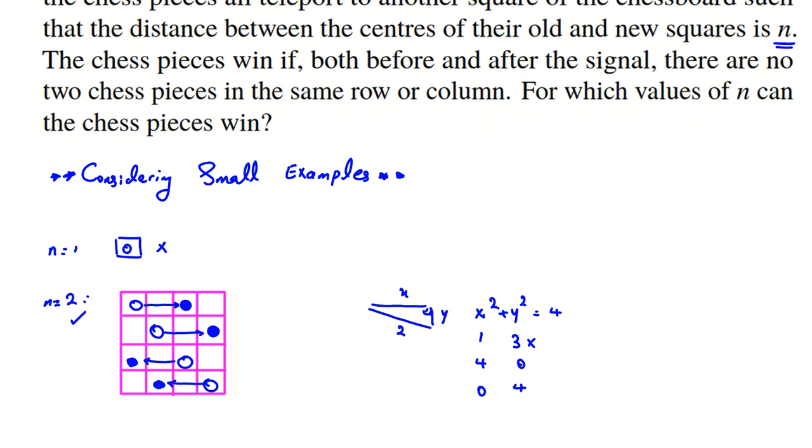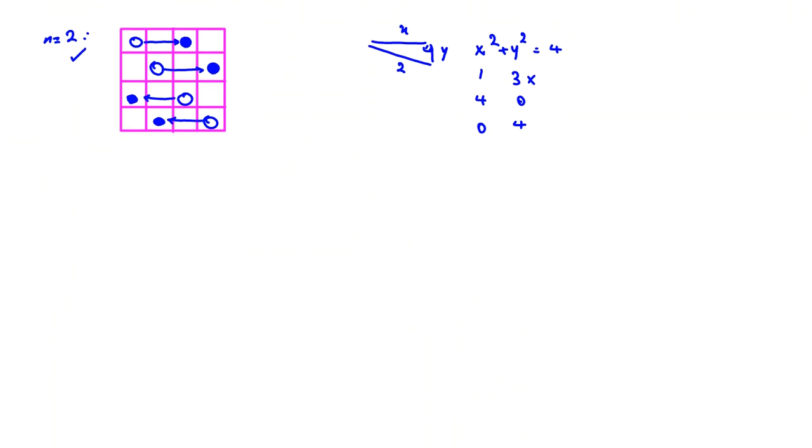Now I guess that n equal to 2 is possible like this, and even numbers are possible. So let's first check, for example, n equal to 4, and after that we want to generalize it. For n equal to 4, we should have a table with 16 rows and 16 columns.